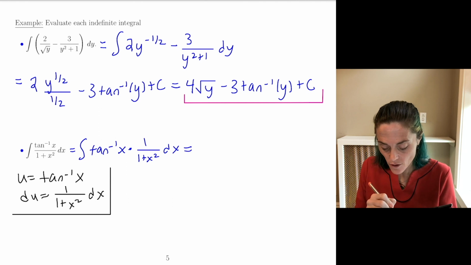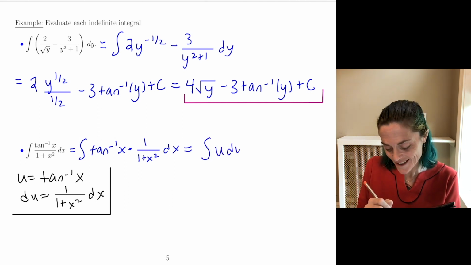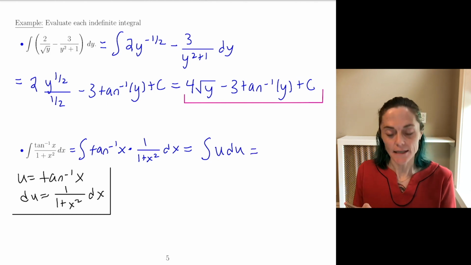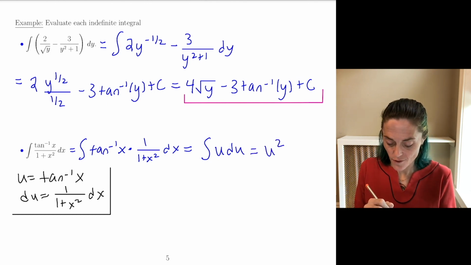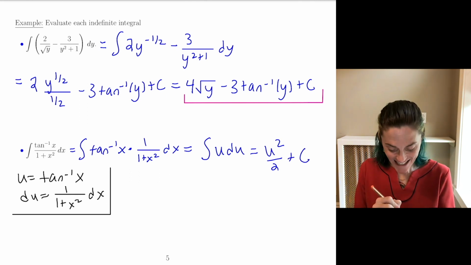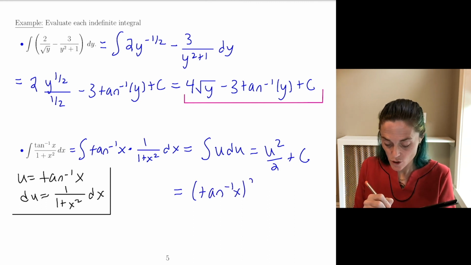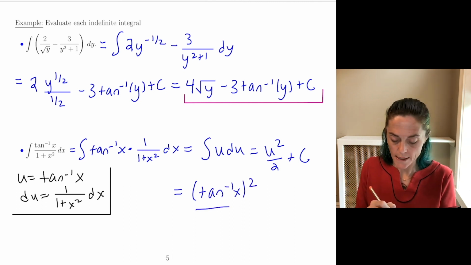So my integral becomes the integral of u du. We integrate, we have u squared over 2 plus c. Finally, we go back to x. So we have tan inverse of x squared over 2 plus c.